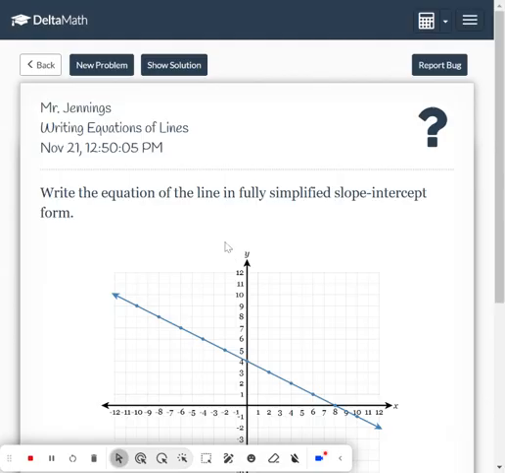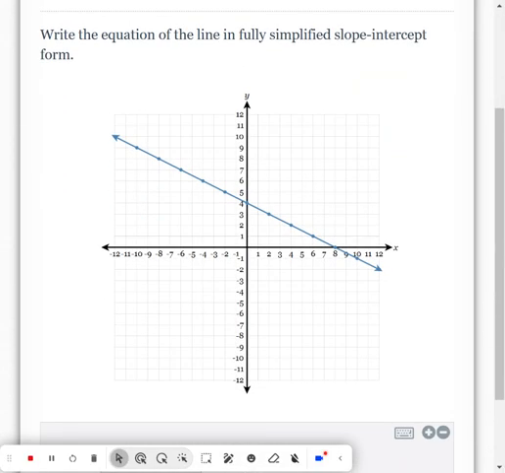Writing equations of lines is probably the trickiest thing I have you doing here. Okay, so let's take a look. I notice this about this graph here, that first of all, it goes through the point 0, 4. That tells me the b value is 4, because it's crossing there at that point. So I know this is something like y is equal to m times x plus 4.